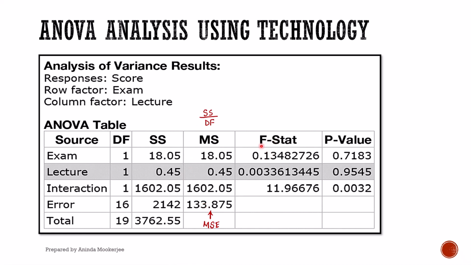The next column is the F statistic value. The formula for the F statistic is MST over MSE. Here the MSE value is 133.875. So this F-stat value for exam, which is 0.1348, was calculated by taking 18.05, the MST value for exam, and dividing it by 133.875, the MSE value.